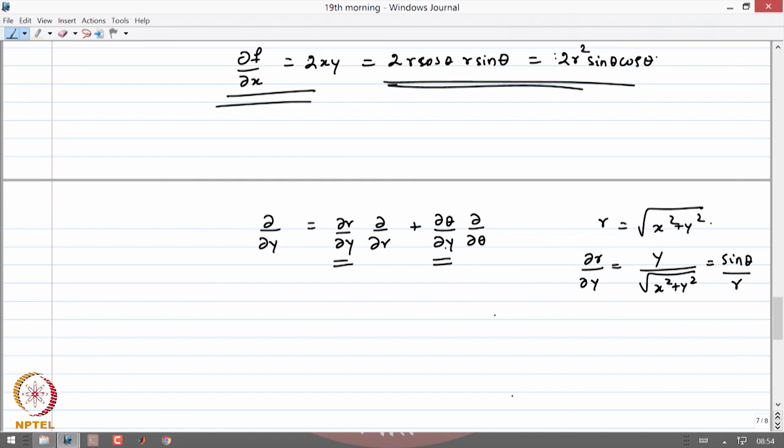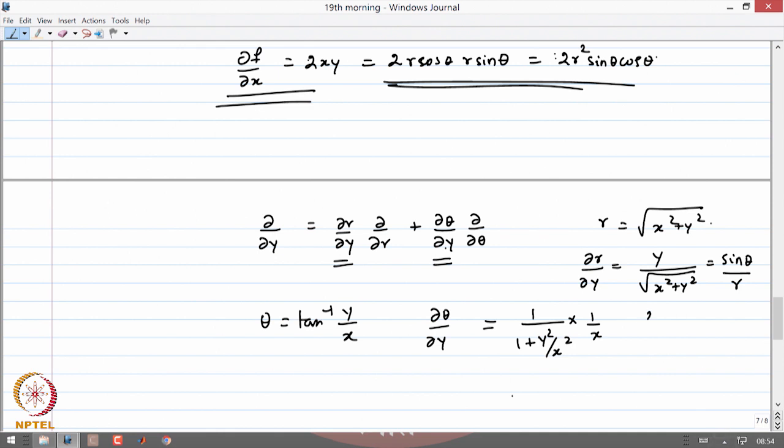And likewise, ∂θ/∂y, knowing that θ is tan⁻¹(y/x), is equal to 1 by 1 + y²/x² times 1 by x.